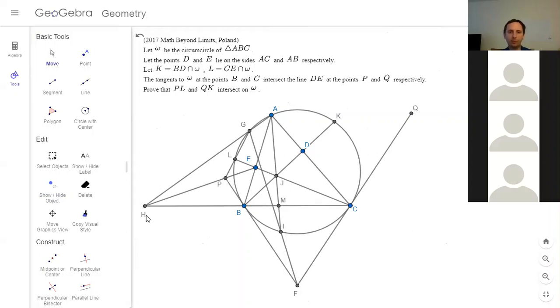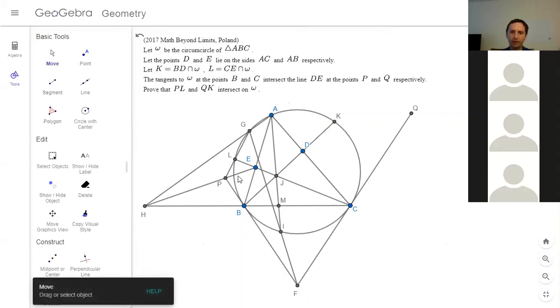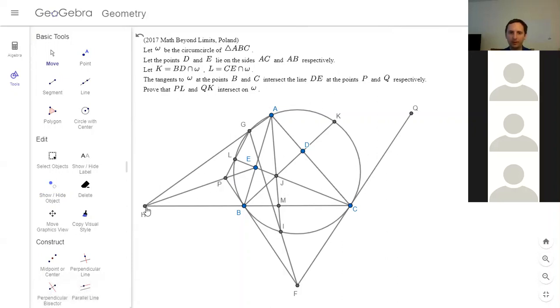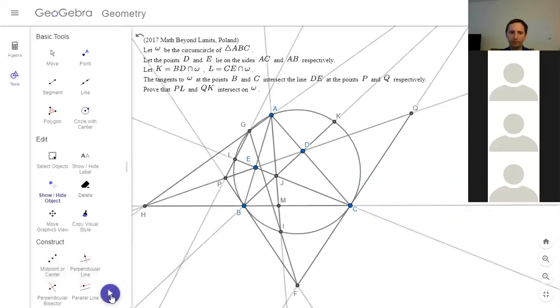Maybe we let H be the intersection of DE and BC, and we call this P prime. So maybe we first define H, then we define G, and then we define P prime this way. Does that work? I think that works. It's a little weird, but okay. So here's how we would do it.